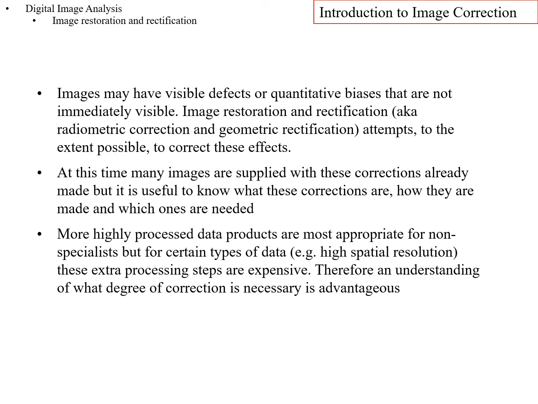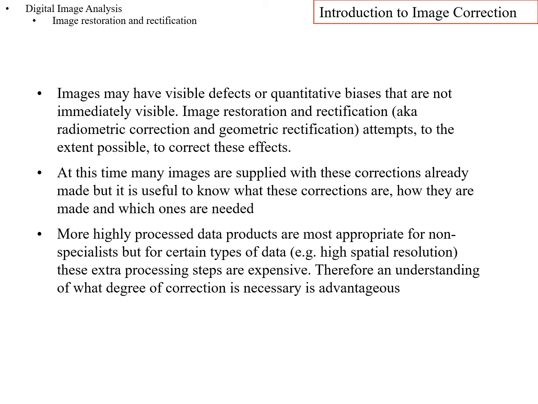You need to very often rectify images, that is, take the original image and give it geometric coordinates, and just try to correct any errors that are in the image. At this time, many images are supplied with these corrections already made, but it's useful to know what these corrections are, how they're made, and which ones are needed, so that you can double check images when you know what corrections have been made to them.